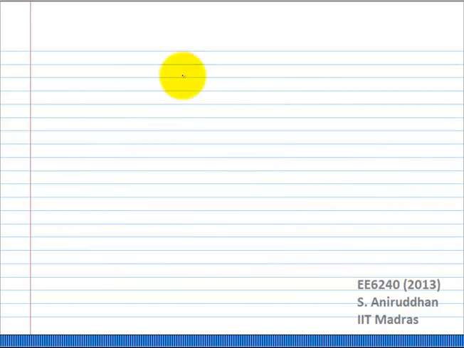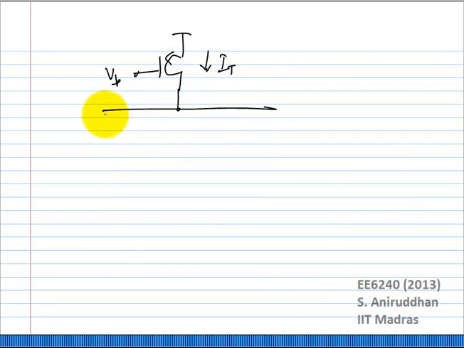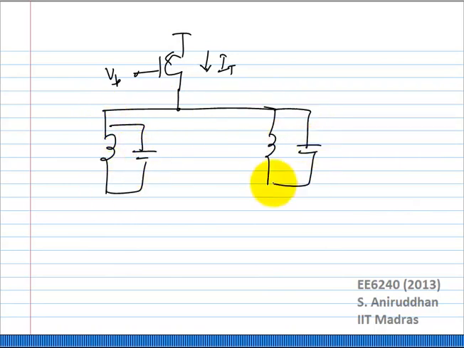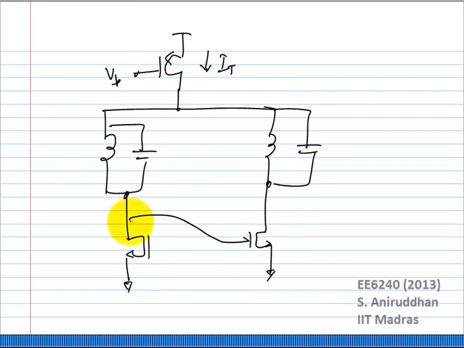So let me draw that also. I have some V bias. Okay, I have said that I am going to make this 4 times the width so that I get twice the GM.